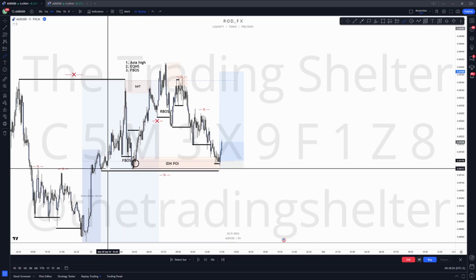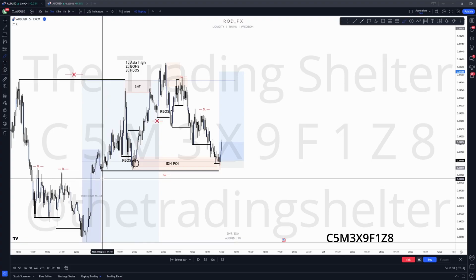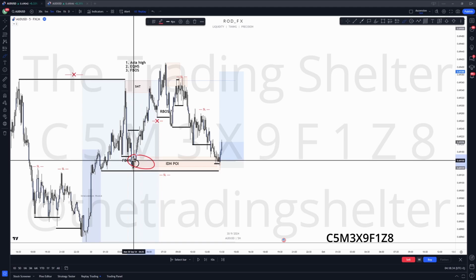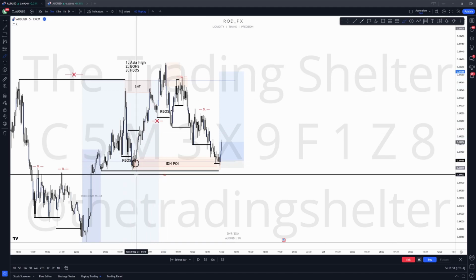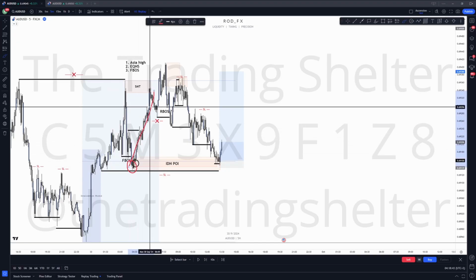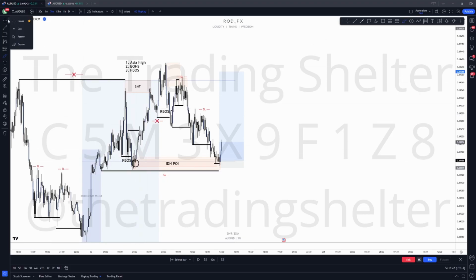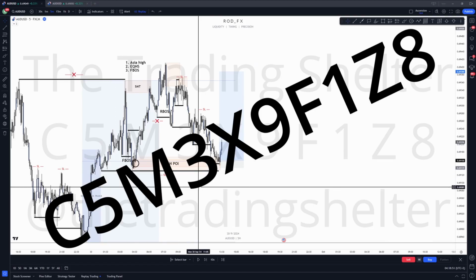So I was talking to a member this week, and he was saying, how come these weren't induced? But it's so insignificant. This structural point is good. I agree, it's very good. It made a new high, but other than this point, I just think it's very important to understand that the whole purpose of this zone here is the equal lows.